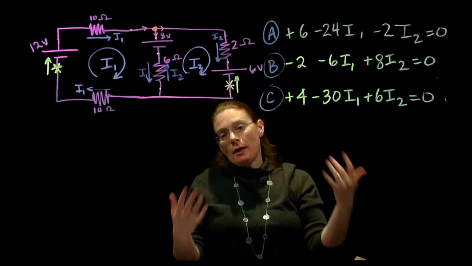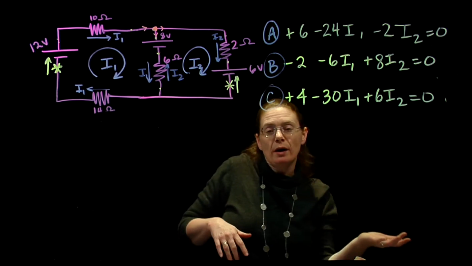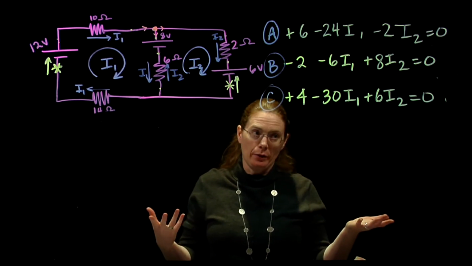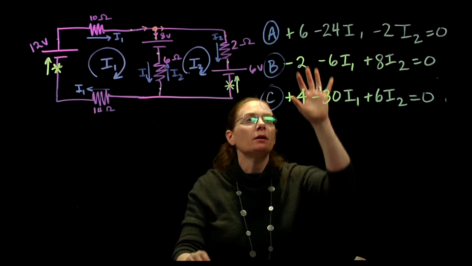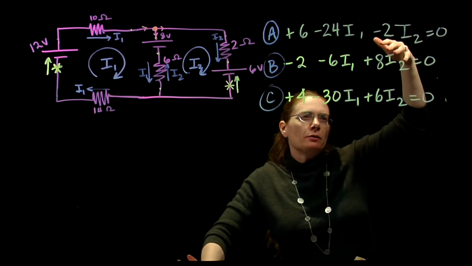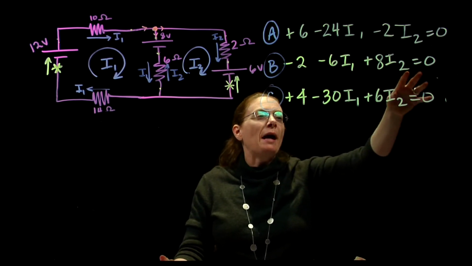I want to come up with an equation that gets rid of one of my two unknowns. Maybe it gets rid of I1, maybe it gets rid of I2. So I can look and say, are there any convenient multipliers or numbers that match up really well?